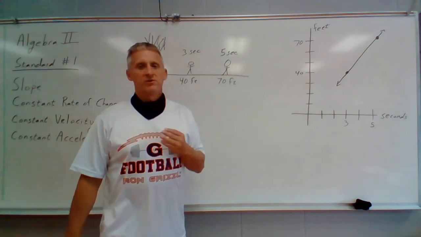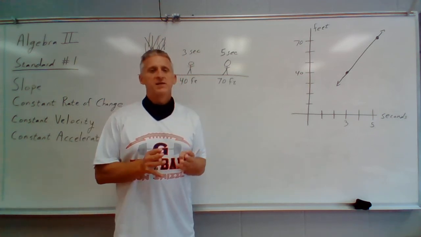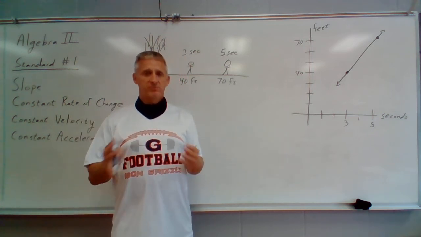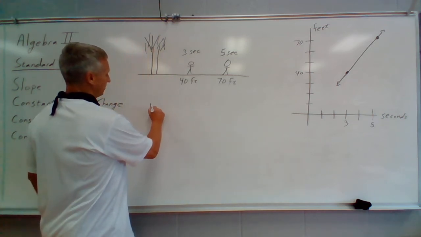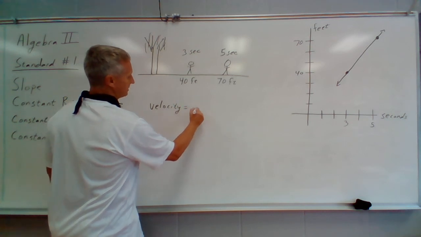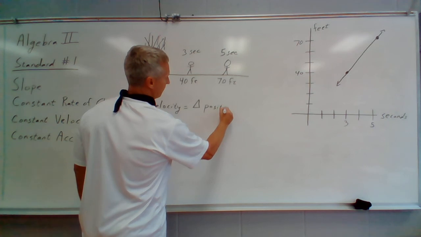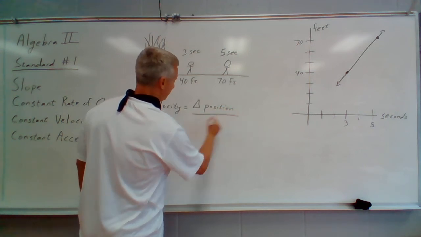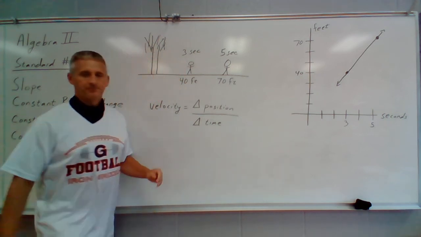Okay, so we want to find his velocity. So velocity is the change in position over the change in time. So velocity is equal to the change in position divided by the change in time.